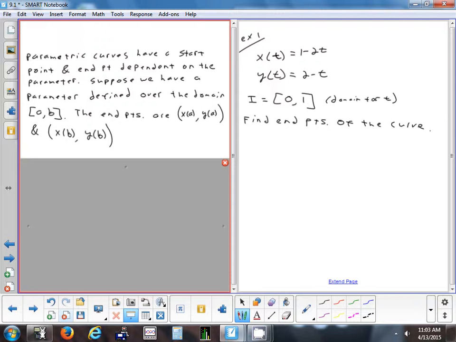In this case, our domain for t, our interval, is from 0 to 1. So t can only take on values between 0 and 1. In this interval, which number here is going to control where the curve starts? 0. So we're going to take 0, plug it into both of these equations, and that'll tell us where we start.